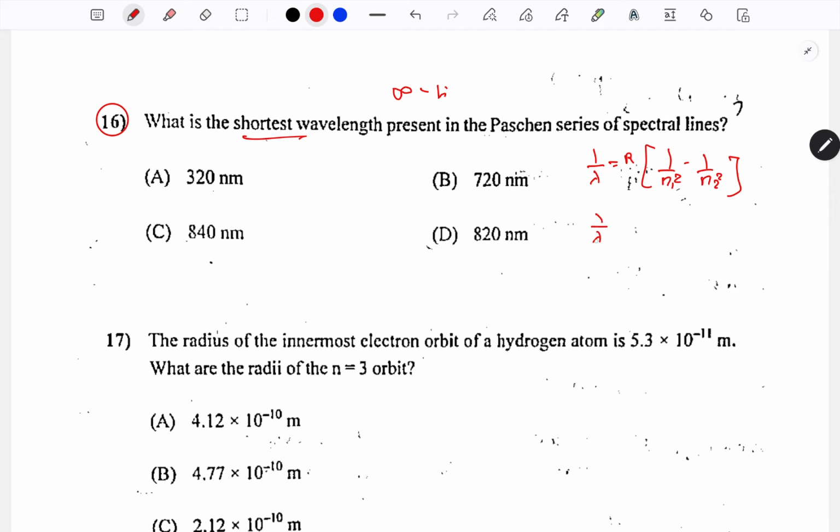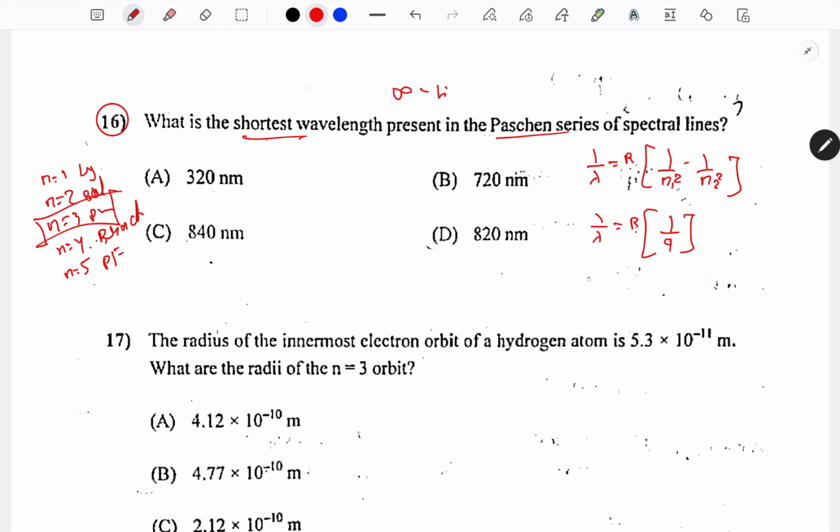So 1 upon lambda is equal to R divided by 9. See, for Paschen, n is equal to 3: Lyman, Balmer, Paschen, Brackett and Pfund are n equal to 1, 2, 3, 4 and 5.